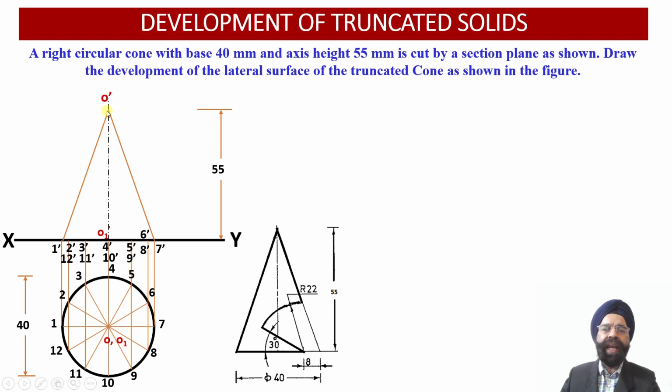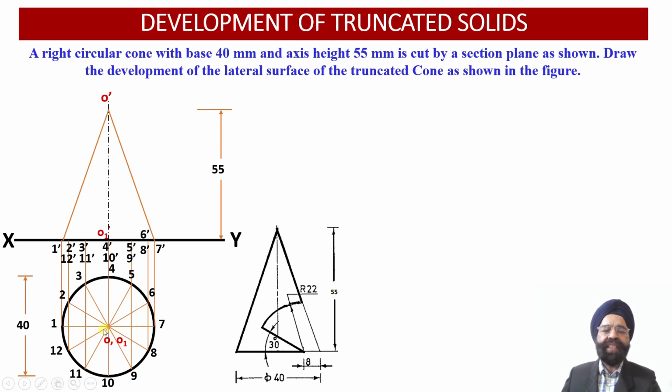And now we know that we need to join O dash 1 dash and O dash 7 dash slant generators of this cone. So we have joined these two generators to begin with, because these generators O dash 1 dash and O dash 7 dash happen to define the boundary of the cone into the front view projections over here.